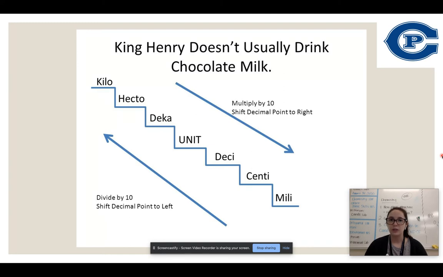The King Henry doesn't is our positive, we're shifting to the left. And with drink chocolate milk, we're shifting to the right. So we're getting smaller to the right, and to the left, we're getting bigger.